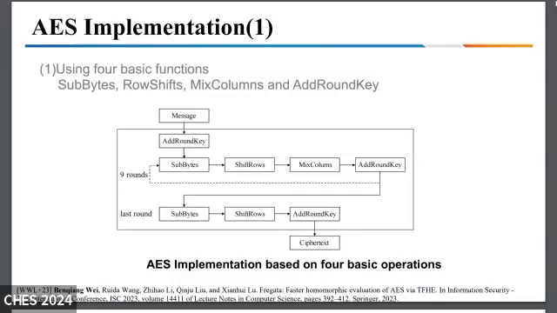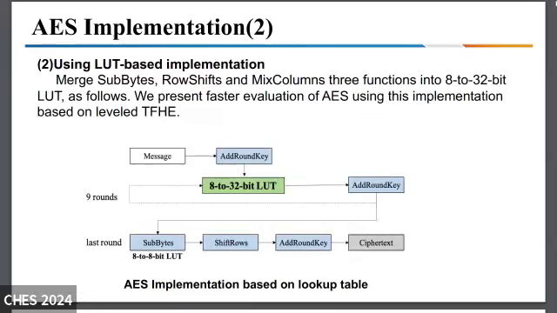AES can be implemented using 4 basic functions: SubBytes, ShiftRows, MixColumns, and AddRoundKey. In the 2023 conference we evaluated these 4 steps.